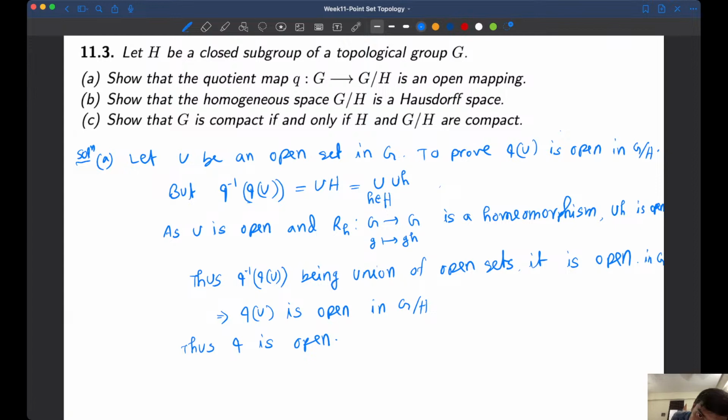In the quotient topology a set is open if and only if its inverse image is open in G. I wanted to show that Q(U) is open in G mod H, so I have to prove that Q inverse of Q(U) is open in G, just by the quotient topology. Okay, so that implies Q is open.